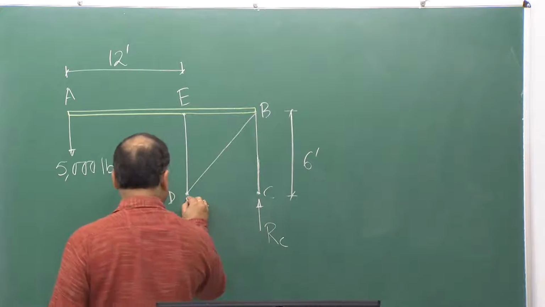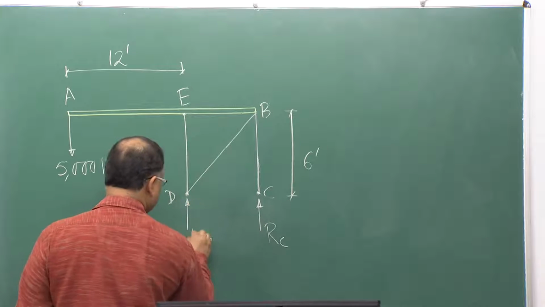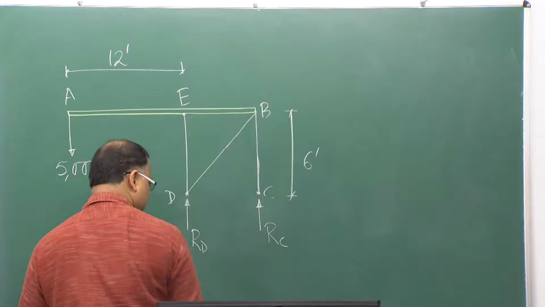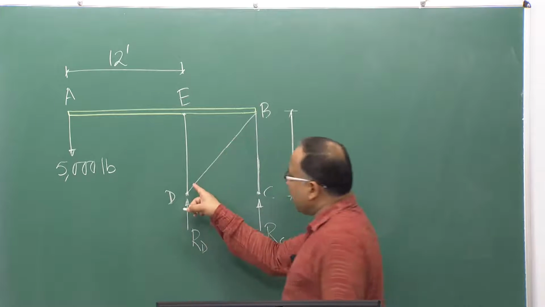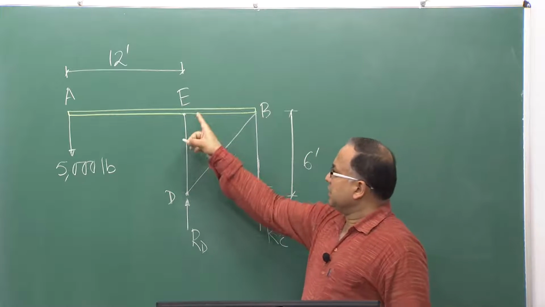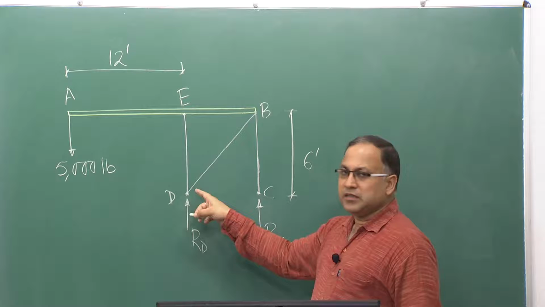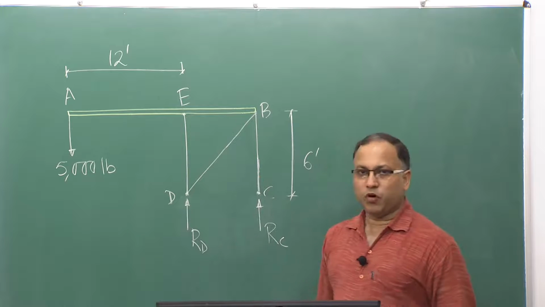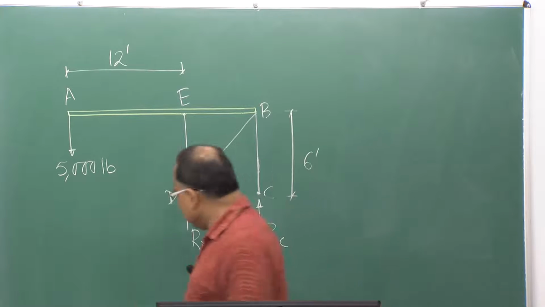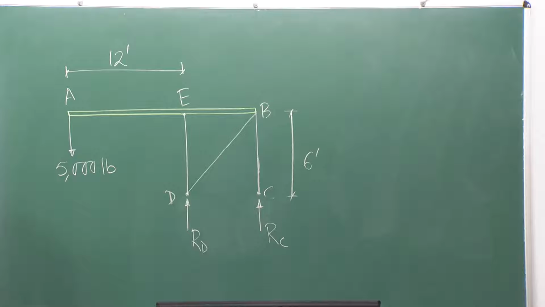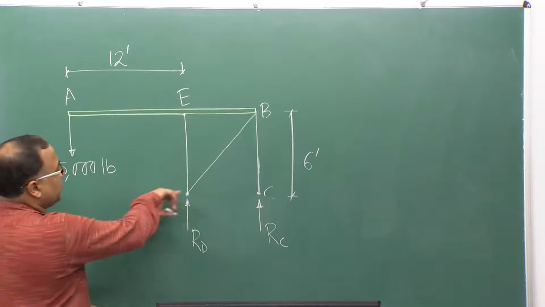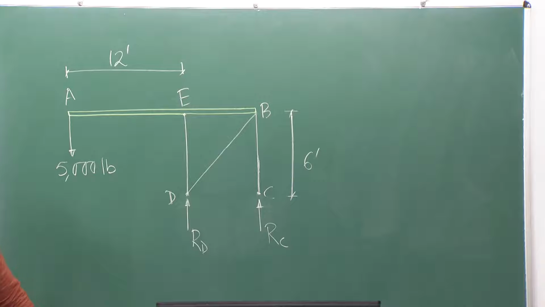Similarly, at point D you will be getting RD. Though you have two different members, ED as well as BD, connected at joint D, still you will be getting only the vertical force. If you suppose you apply some horizontal reaction here, which force will take care of that horizontal reaction?